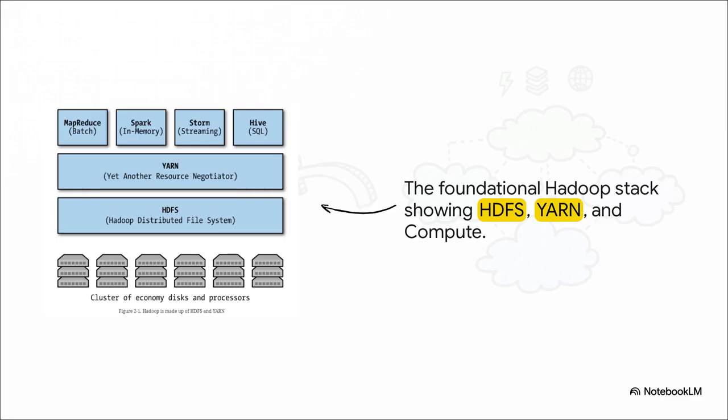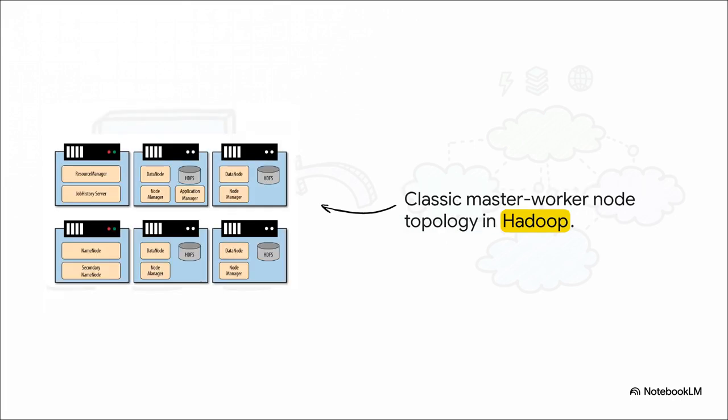This stacked monolithic design was totally revolutionary at the time because it pushed the execution of tasks directly to where the data lived, rather than trying to move massive amounts of data over the network to the compute power. So, in practice, this master-worker architecture relied on a really strict hierarchy. You had your master cluster housing the NameNode and the ResourceManager, and the NameNode, it was the absolute boss of the storage.